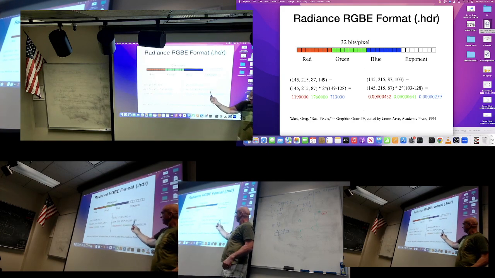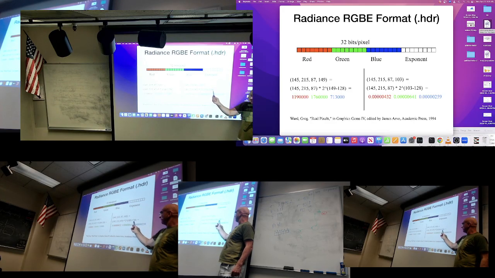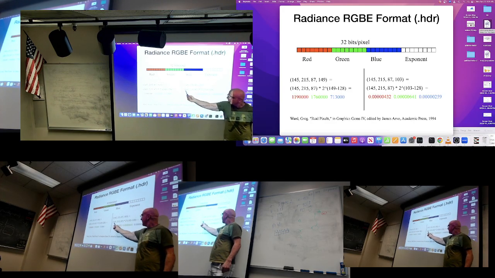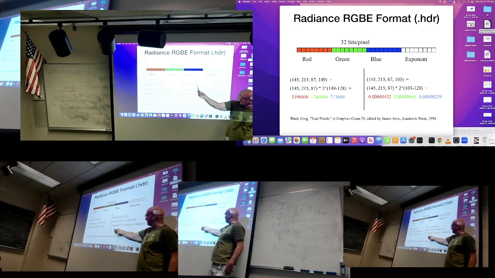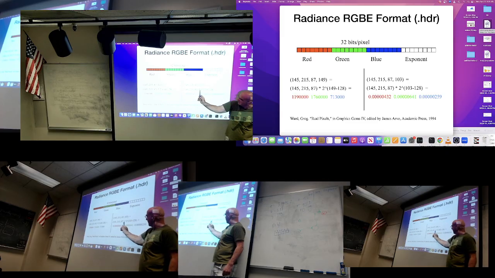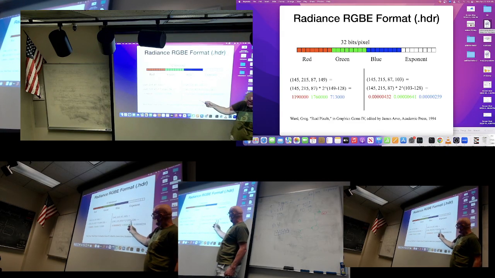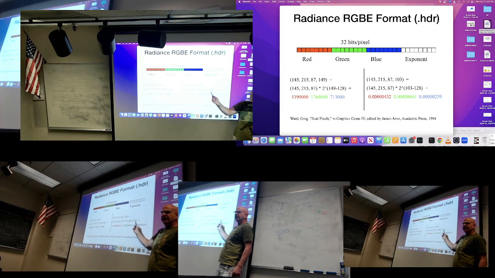Okay, so whatever the number that you see here, subtract from it 128. So the RGB of this combination is R is 145 times 2 to the power of 103 minus 128.